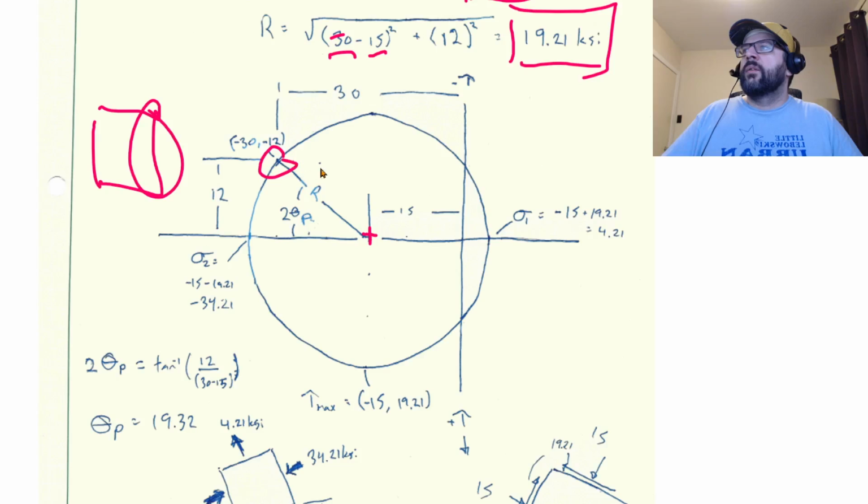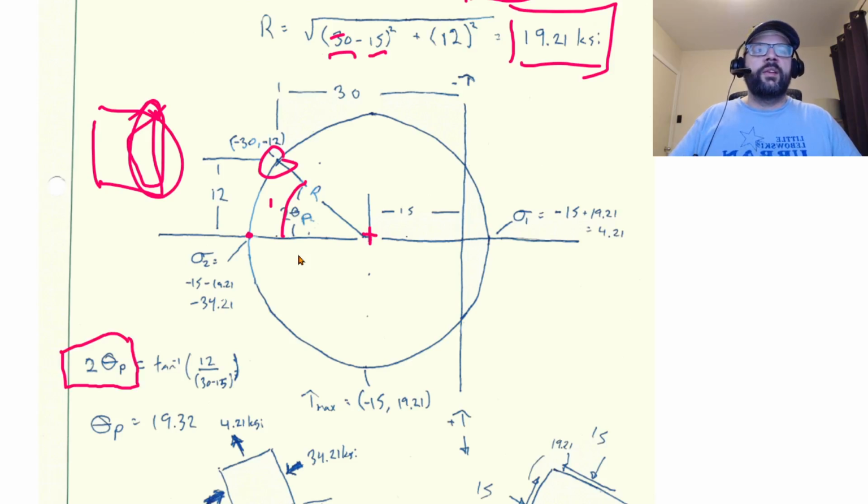So if we're going from the point we know on this face to here, we need to rotate by half this amount. Our 2 times theta prime is equal to the inverse tan of 12 divided by 15, which gives us a theta prime of 19.32 degrees.